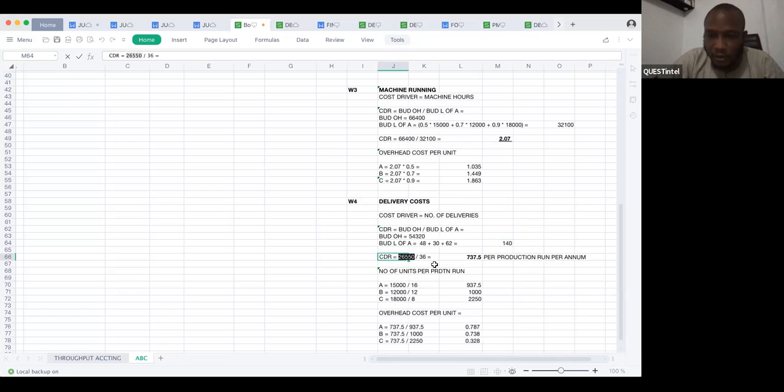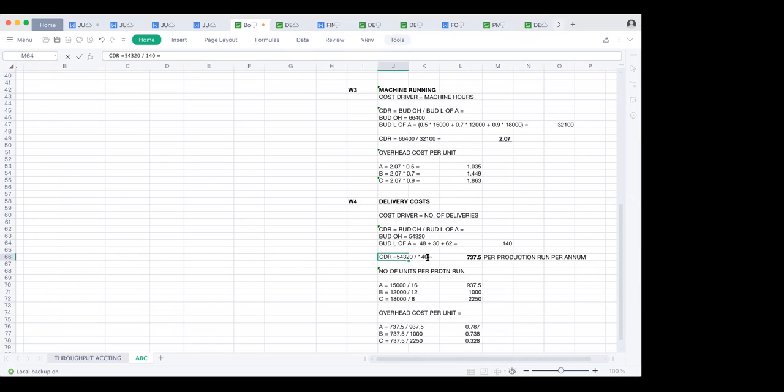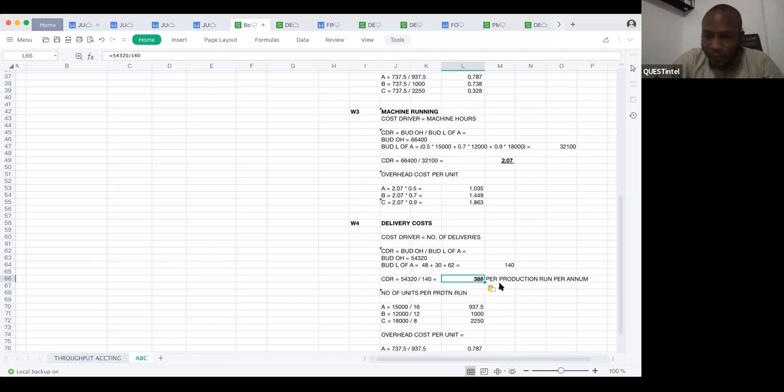So our cost driver rate will now be, let's remove all of this. So what did we say? 54,320 divided by 140. Okay. So that's 388 per delivery per annum.